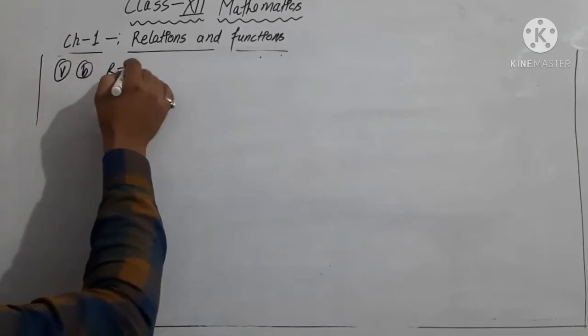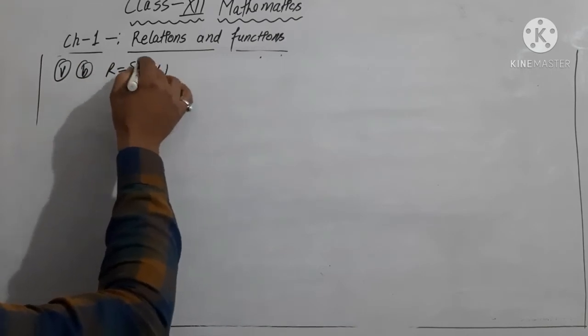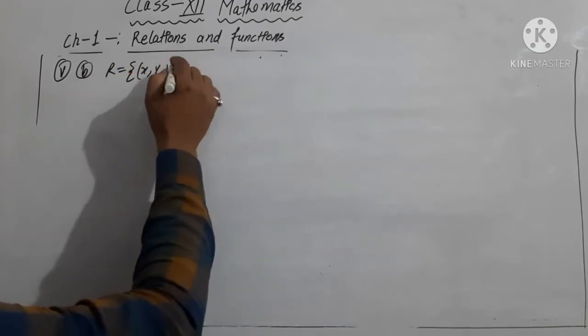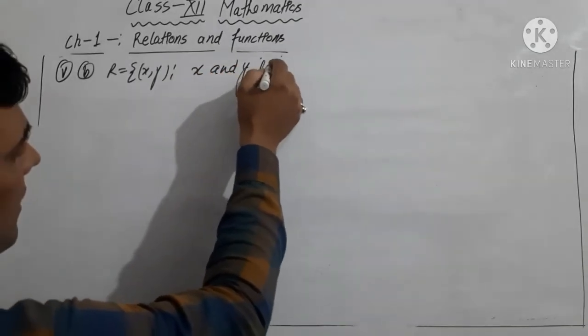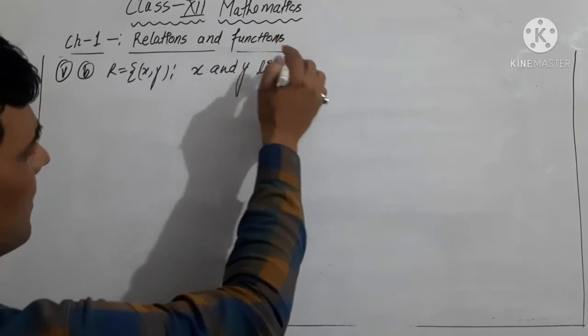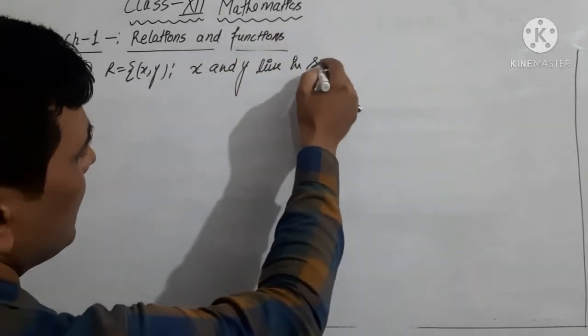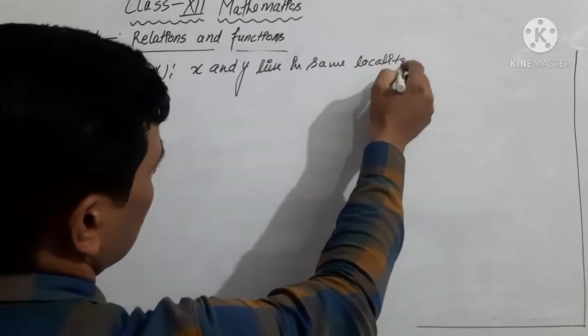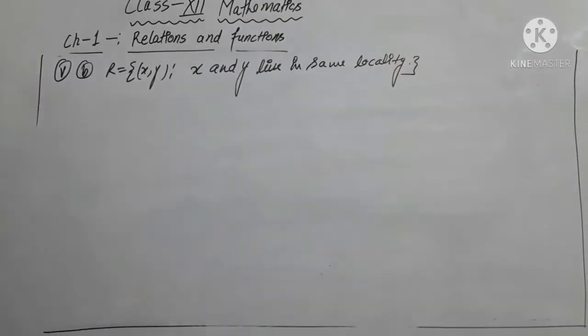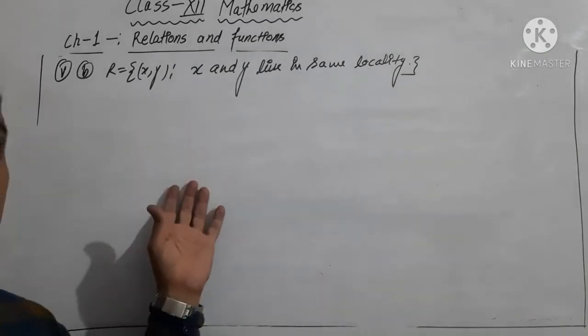The relation is defined as (x, y) such that x and y live in same locality. This question is the same as the previous question which we have done.